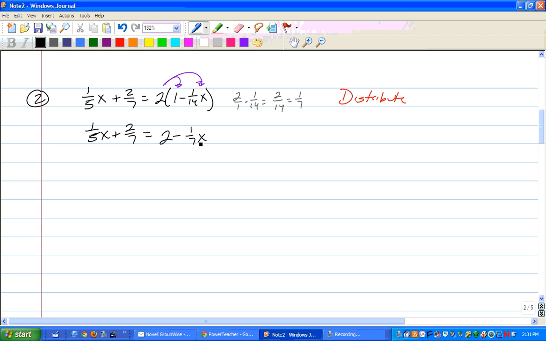Now we're going to multiply by the LCD. The LCD of 5 and 7, if you count those out, is going to be 35.